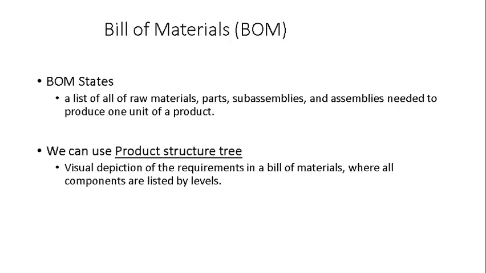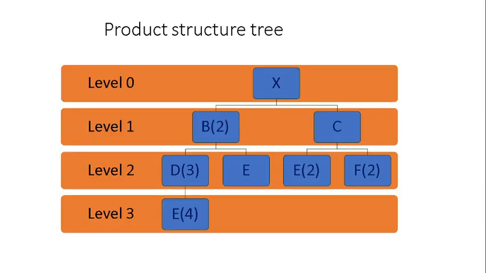The second one is the bill of materials, which is a simple list of all raw materials that we need in order to produce one unit of our product. It might be a simple table, or we can use a product structure tree as you can see here. In this example, we can see that we have split our top item, which is depicted by level 0 and denotes the final product, into several levels.